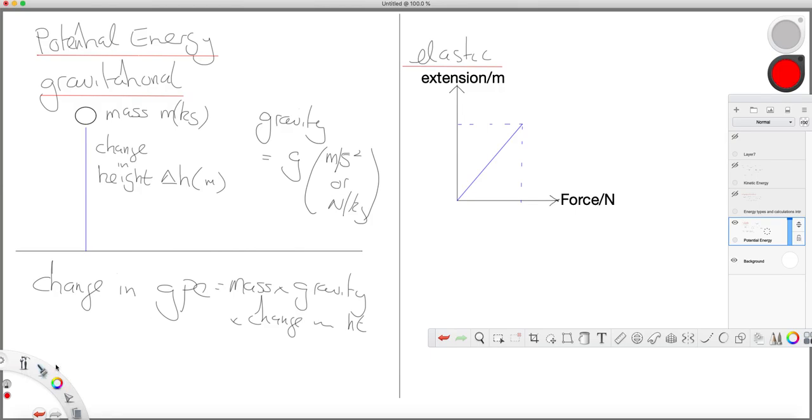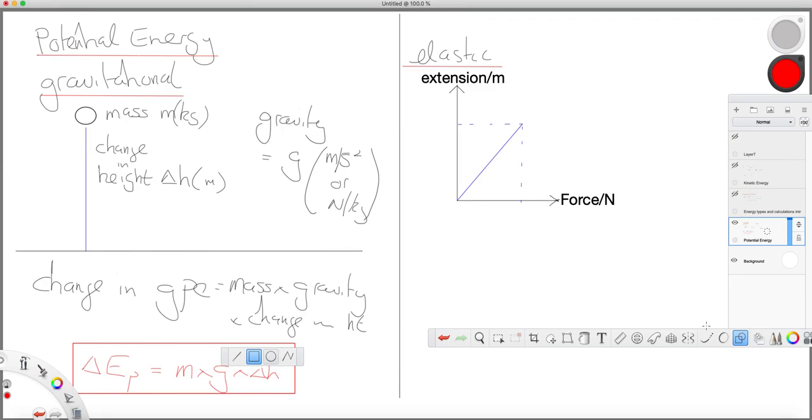Or E_P, or the change in E_P, is mass times gravity times change in height. And again, let's see if I can put a nice box around that. There we go. So that's our gravitational potential energy formula.